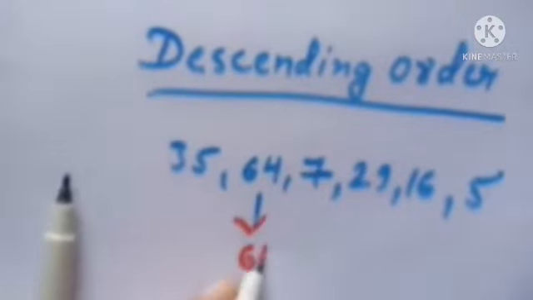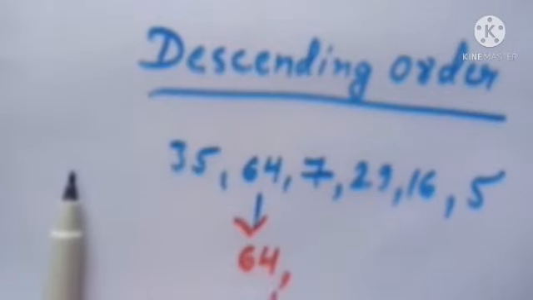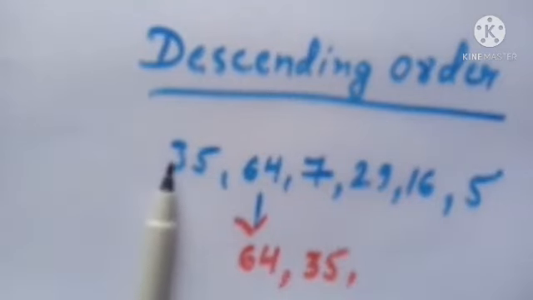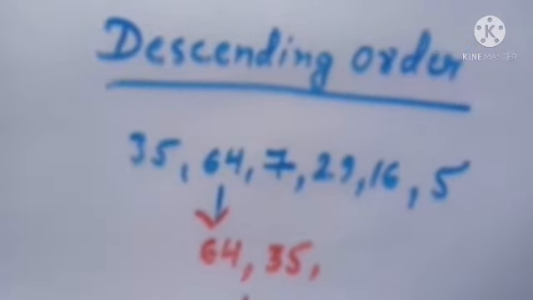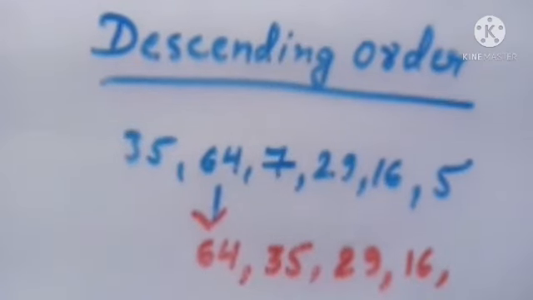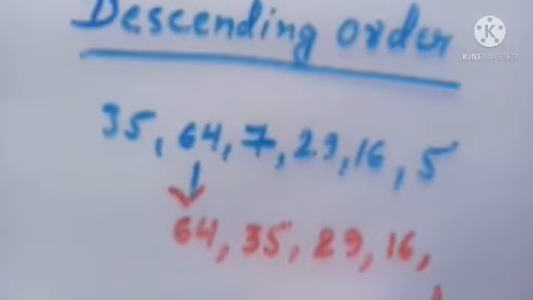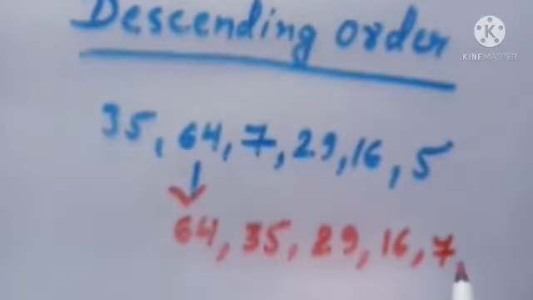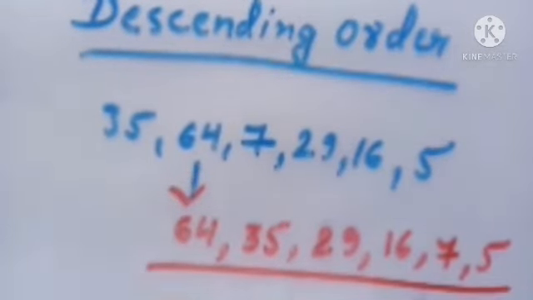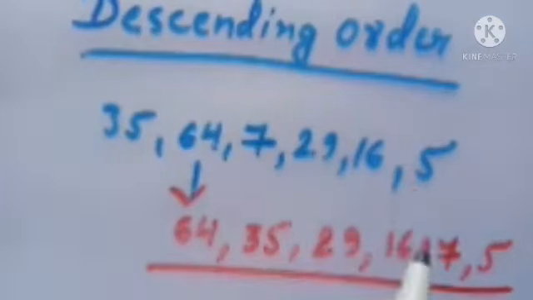Okay. 64, then 35, then 29, 16, 7 and 5. Like this you can arrange in descending order. The first number is the largest number and in the last is the smallest digit. Okay students.